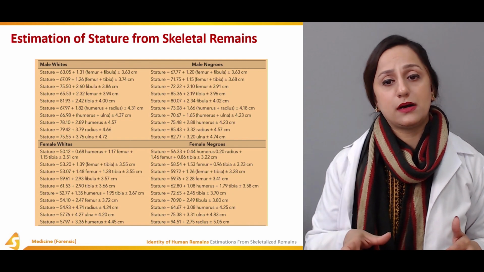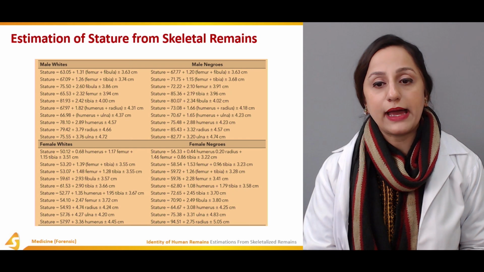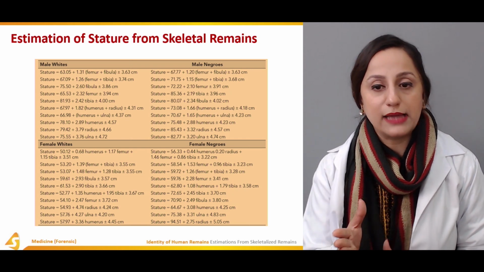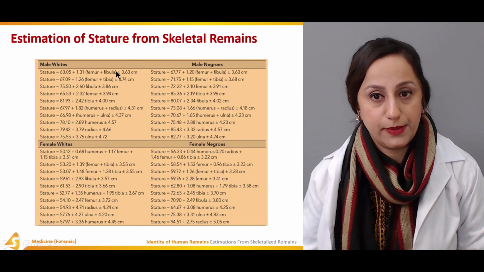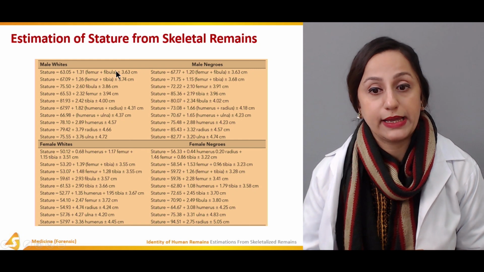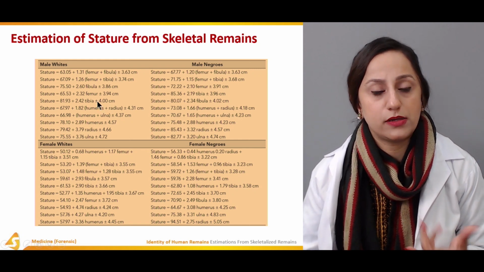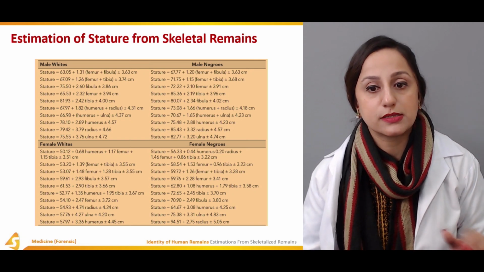There are some statistics that we have to add on or subtract. Even if we look at the table over here, it's the femur plus the fibula that contributes towards this formula calculation. And then if we have a single tibia at hand, we can still calculate the whole stature of the person.